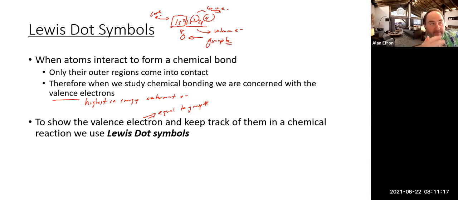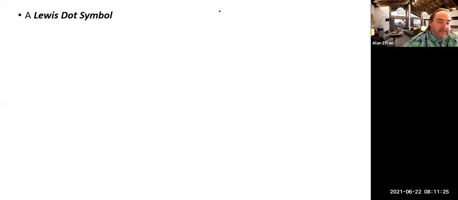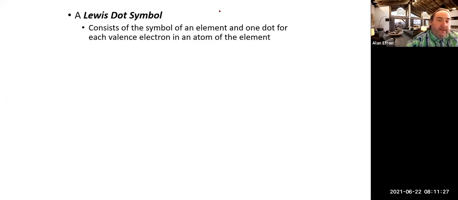So everybody in group 1 has 1, 2, all the way across there. Now, when we draw these Lewis dot symbols to help us represent bonding, it basically consists of the symbol for the element and 1 dot for each of the valence electrons that are present.